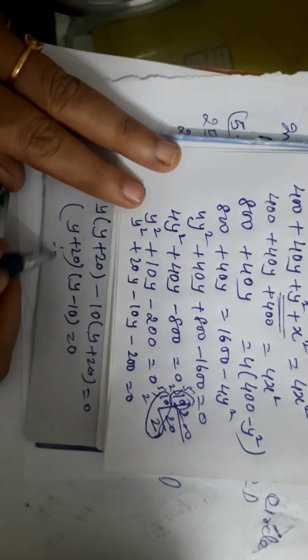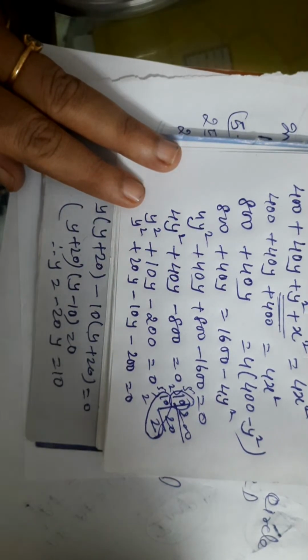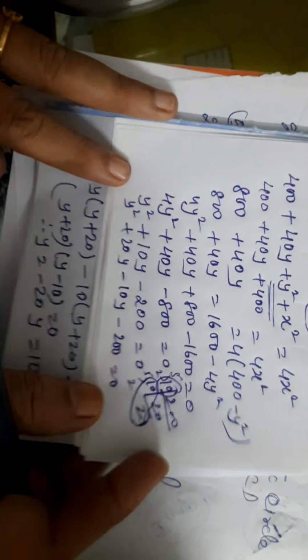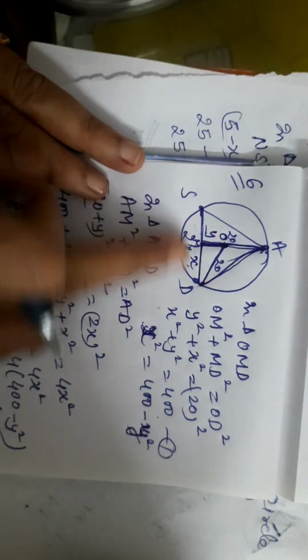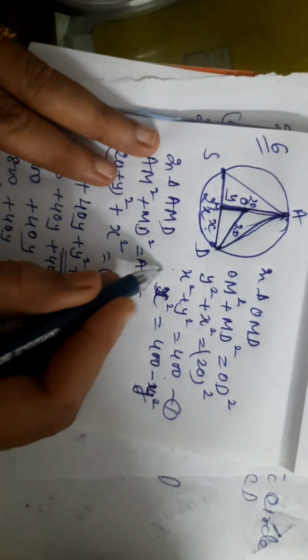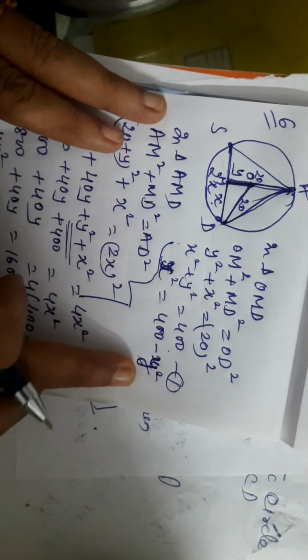So finally y value is either minus 20 or it is 10. Whenever we are solving sums related to distance, negative value is not considered, so y is 10. But we need to find out the distance between the friends. So x is the question mark. Y we got 10.